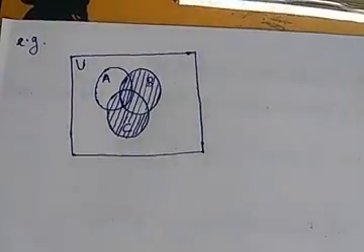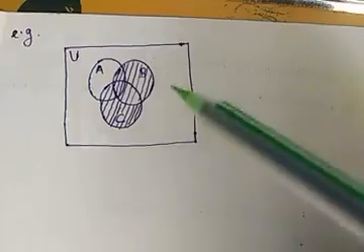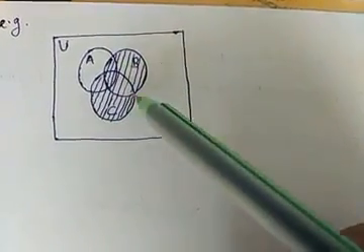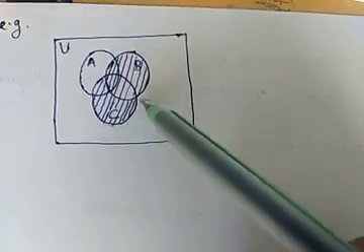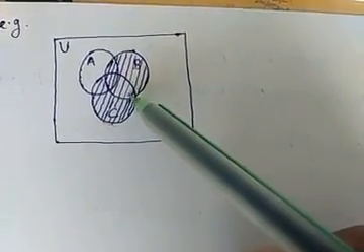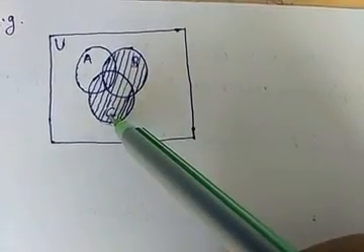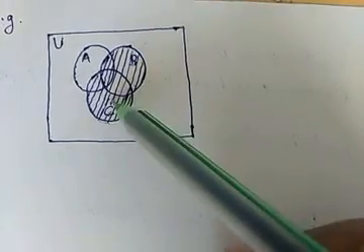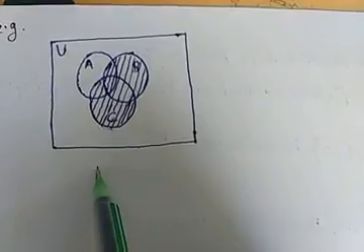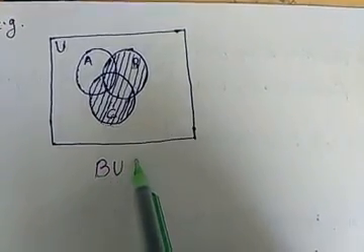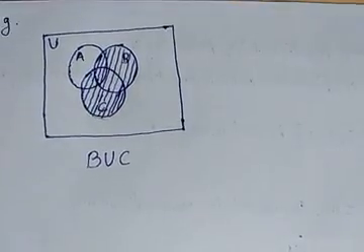If we see the representation of this Venn diagram, the shaded region covers the whole of set B and set C. Elements from set B and set C are totally covered by the shaded region, so it will represent B union C.